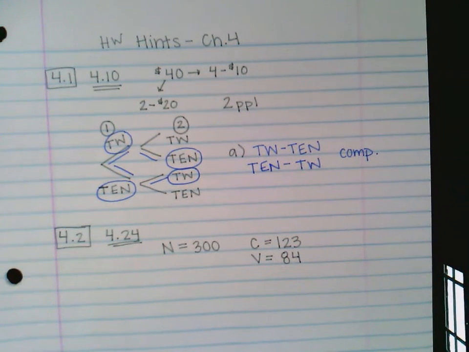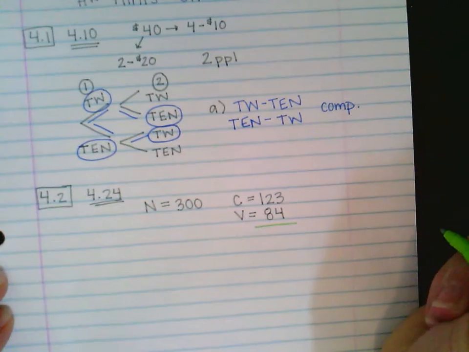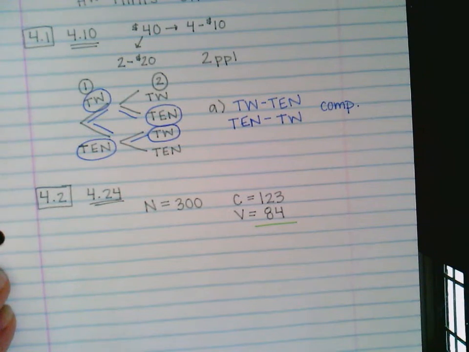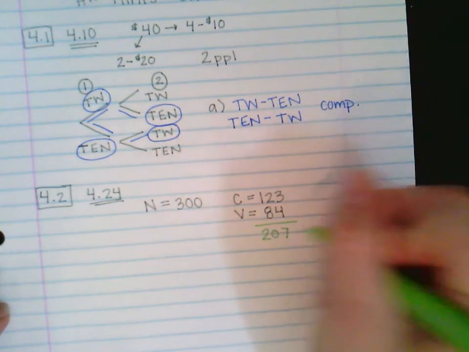Now, the first thing that I look at right off the bat is whether this data covers everybody. And so I'm going to do that by adding these 2 values together. If we add 123 and 84, I only get 207.